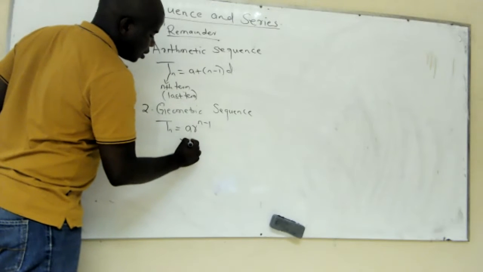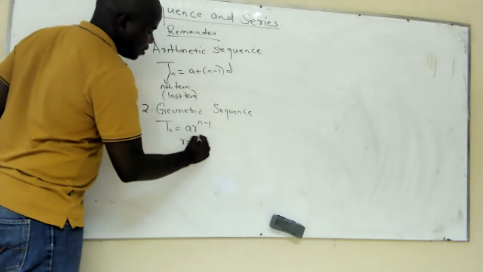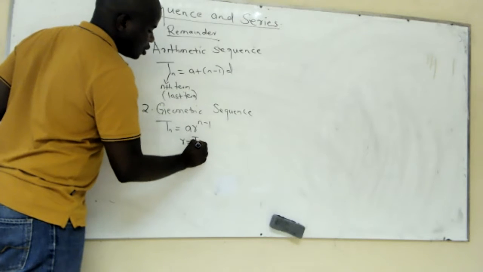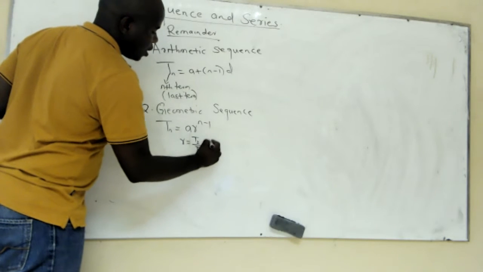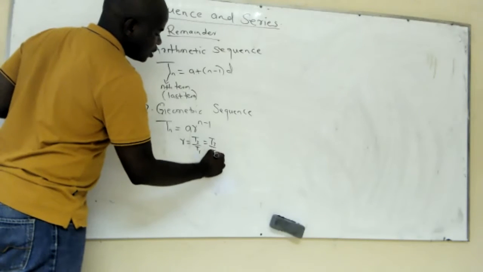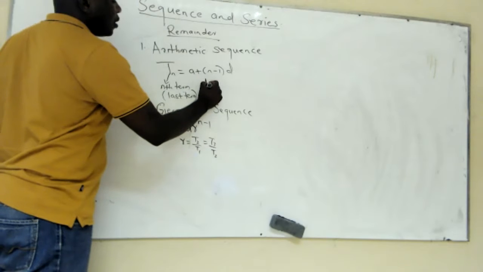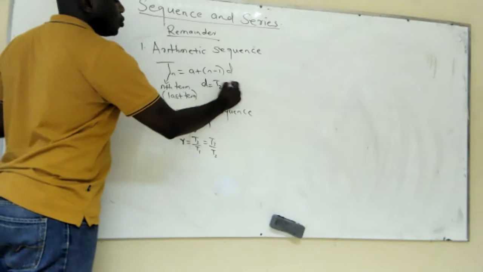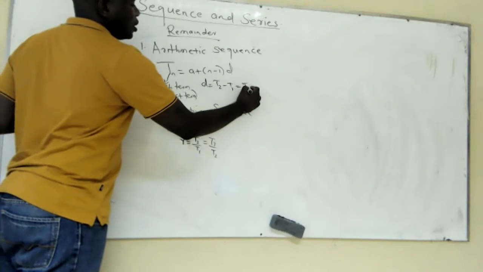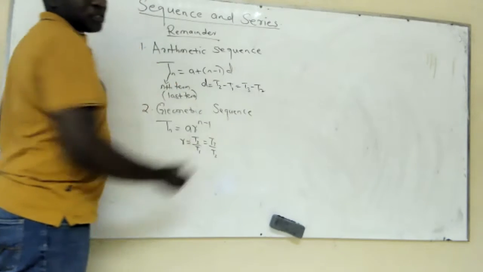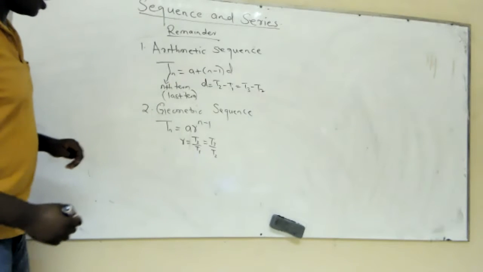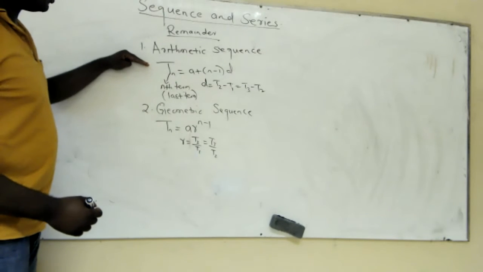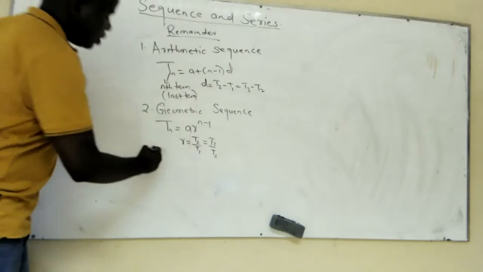The common ratio is given by T2 over T1 or T3 over T2. Similar to the common difference, which is given by T2 minus T1 or T3 minus T2. Don't forget these formulas, they're important. So this is for arithmetic and this is for geometric.